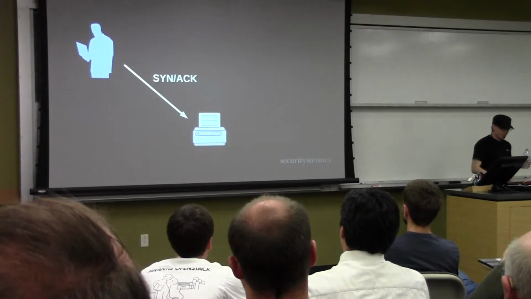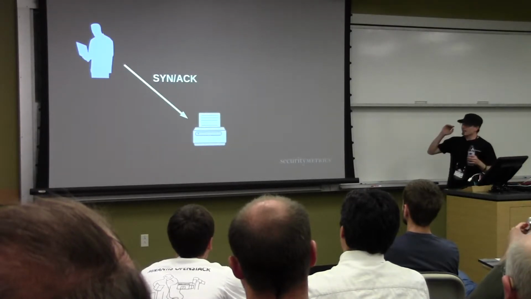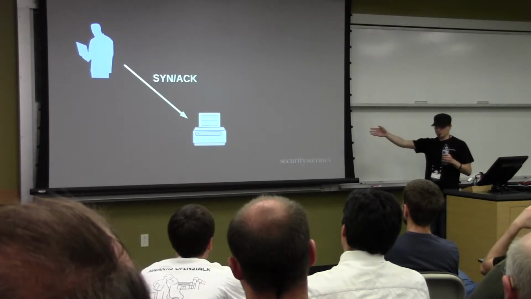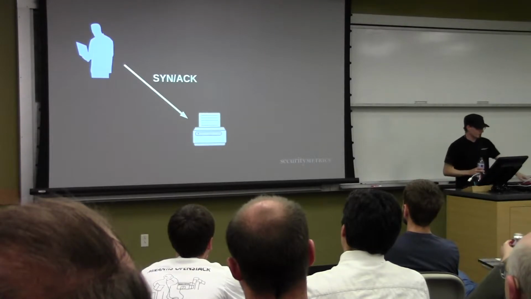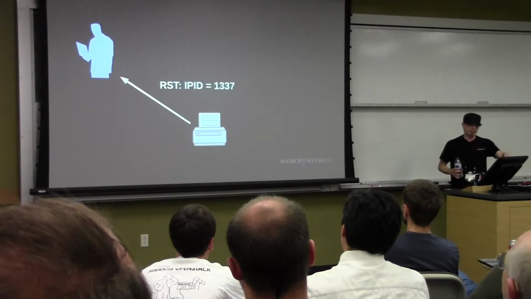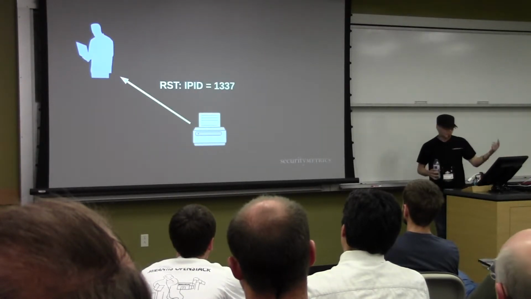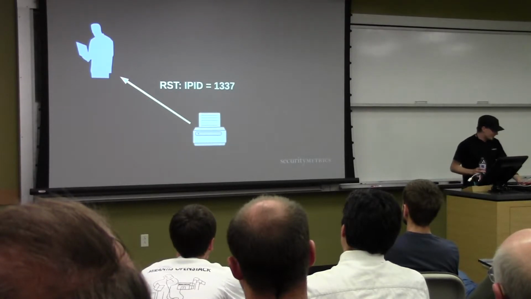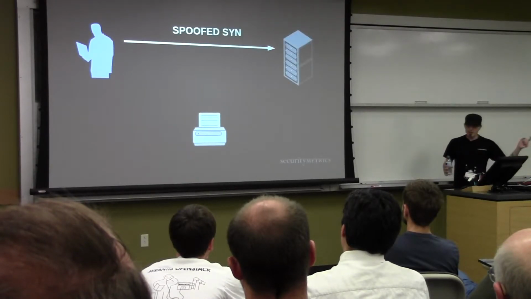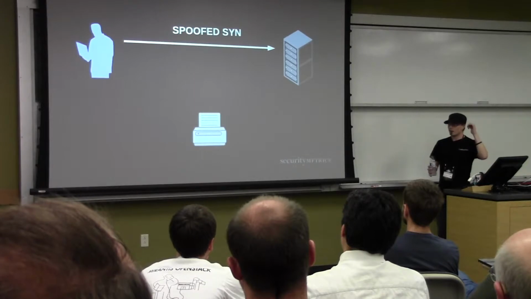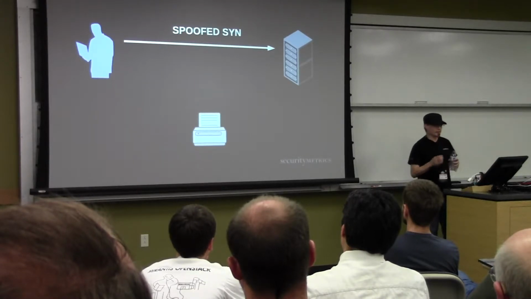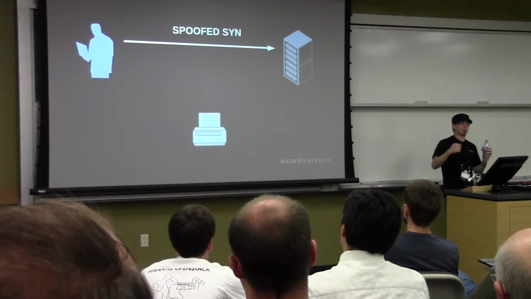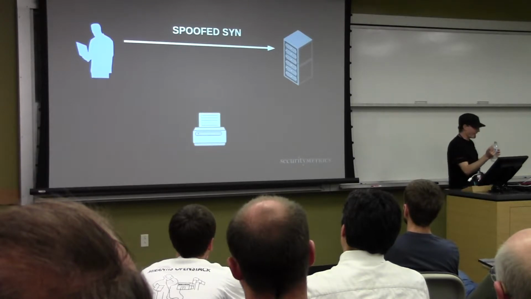First step, we send a SYNACK to the printer to elicit a response. It sends back a reset that contains the IP ID, 1337. From there, we send a spoofed SYN packet to the server rack saying, hey, I'm originating from the zombie's IP address.